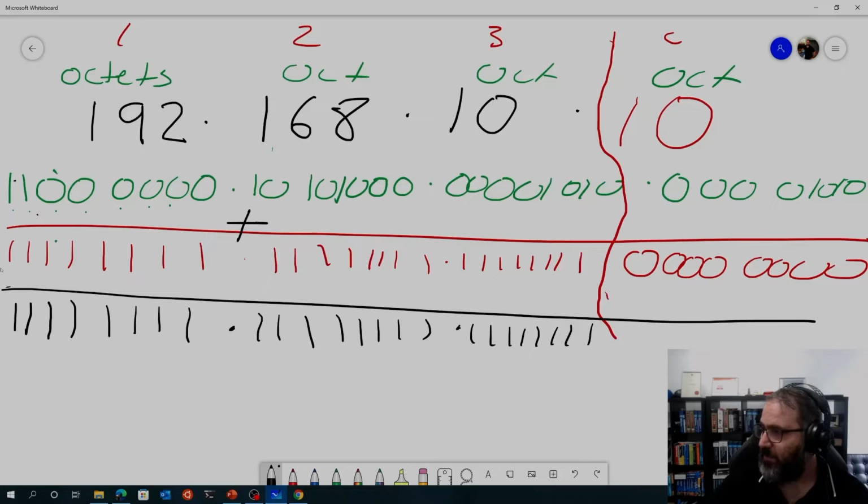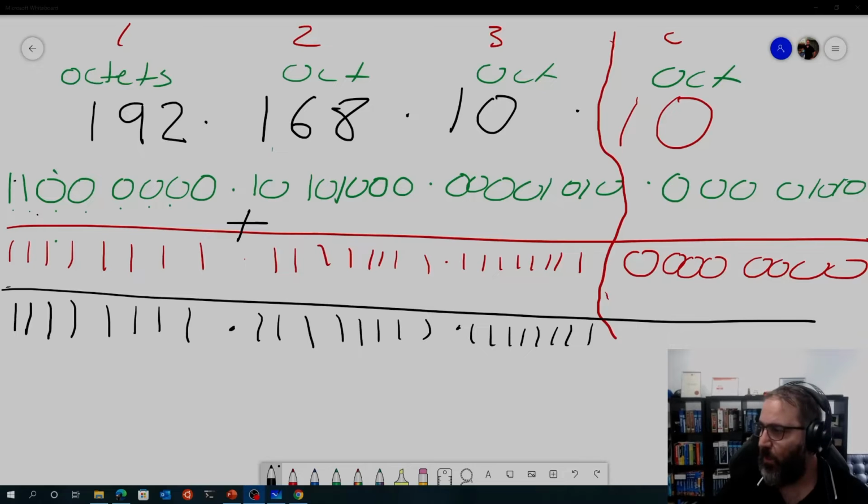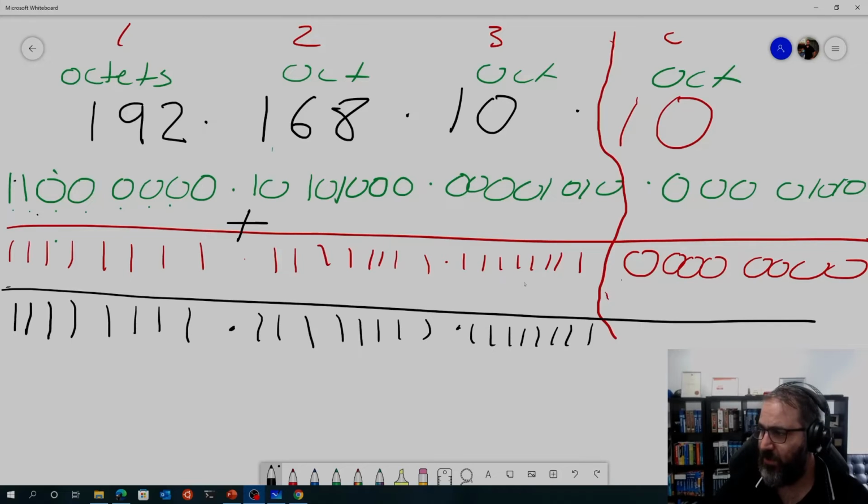Now, interesting times. So that's the ones there. That's our network portion. So what happens when we bring 0 into the picture? 0 plus 0. Logically speaking, you'd say that's a 0, right? If that was your guess, congratulations.